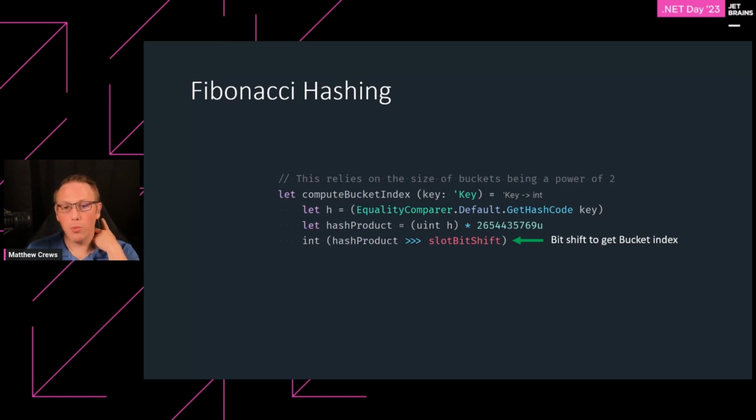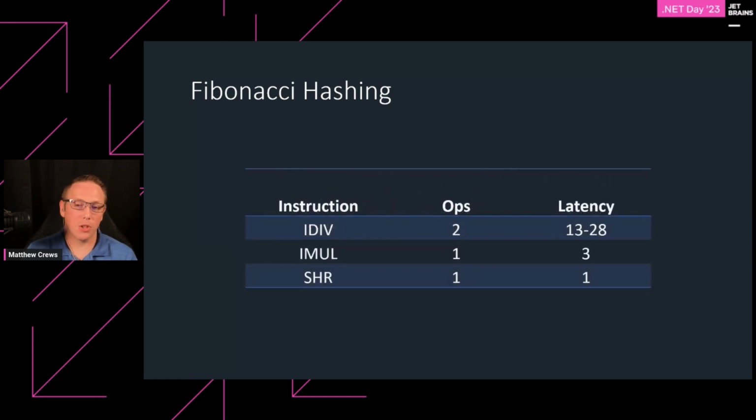Now, why would we want to do this? Why is this such a good idea? When you want to do mod in any language, that maps down to the idiv x86 instruction. And if you go and look at the logic that has to happen in the CPU to do division, it's very difficult.